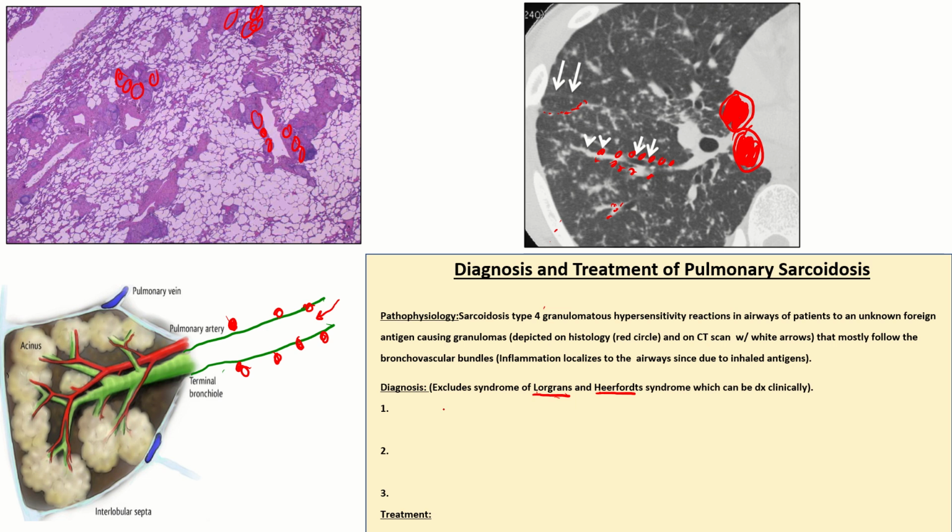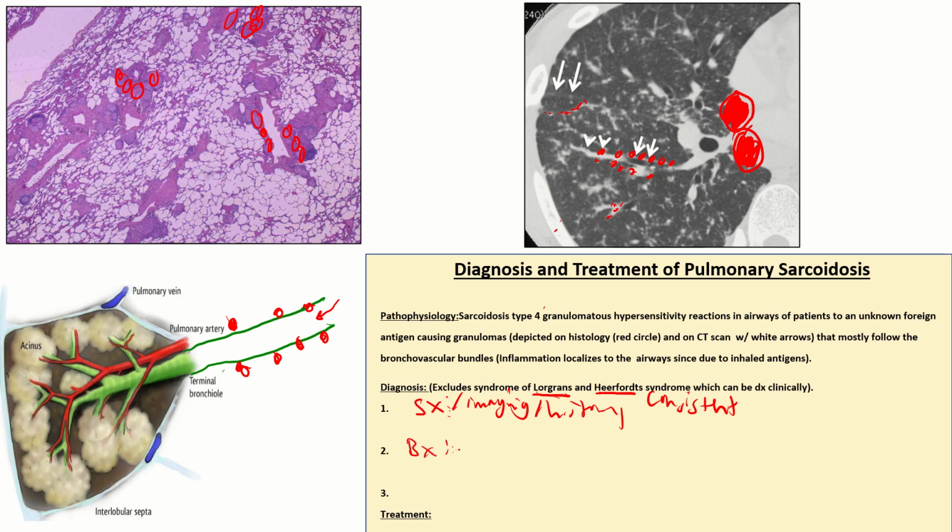If you can't diagnose this clinically, you're really going to have to do the diagnosis by histology. So diagnosis of sarcoidosis: one is obviously symptoms, imaging, history, all consistent with it. Next would be a biopsy.